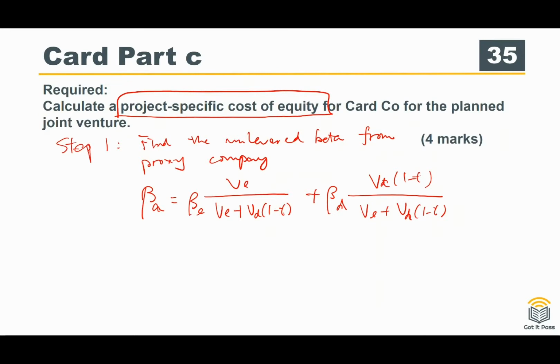Remember the tax rate here is 30%, so it's 0.3, and for the debt beta, we assume it is 0, so we only consider the equity beta.